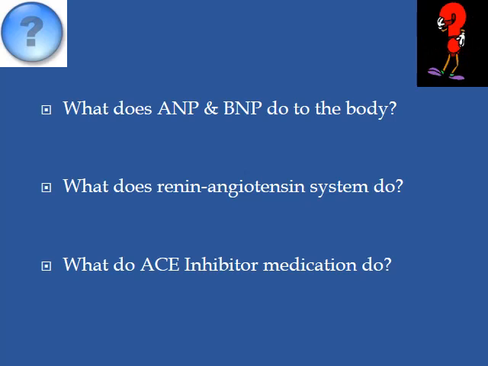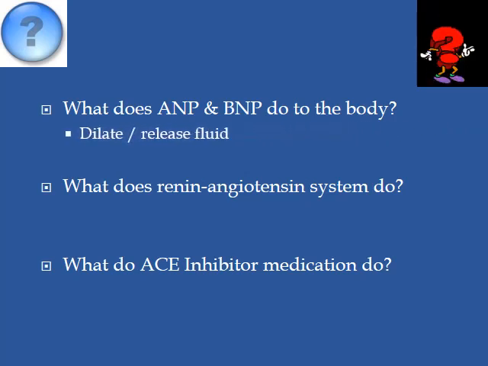All right, check on learning time once again. What does ANP and BNP do for the body? Think for a moment. You know it, we just reviewed it, and you most likely have your book in front of you. Nice, nice. It vasodilates your vessels and promotes diuresis, pees out sodium, and where sodium goes, water follows.